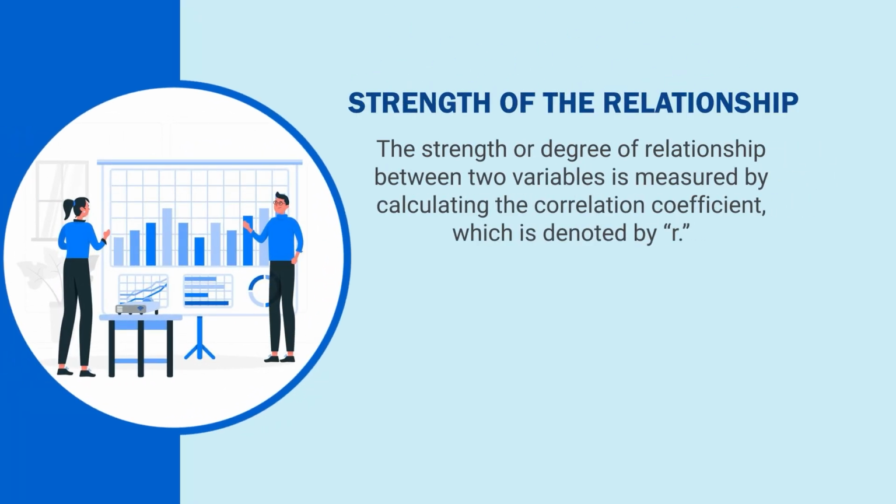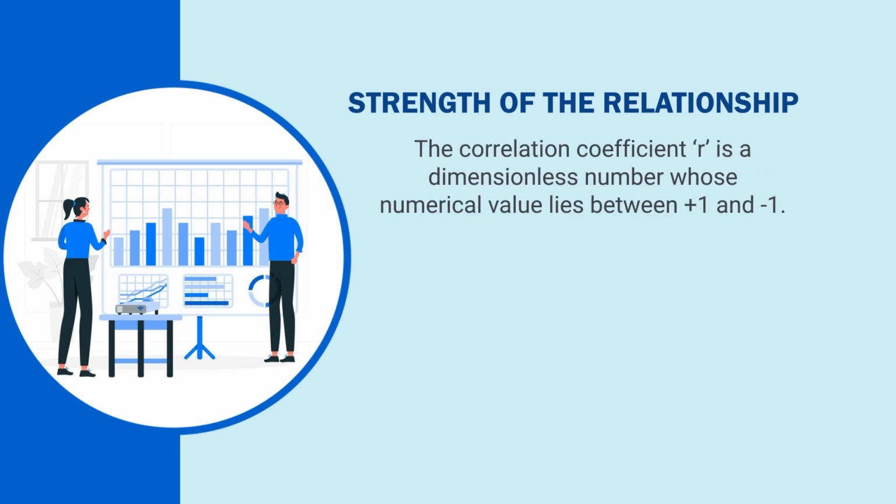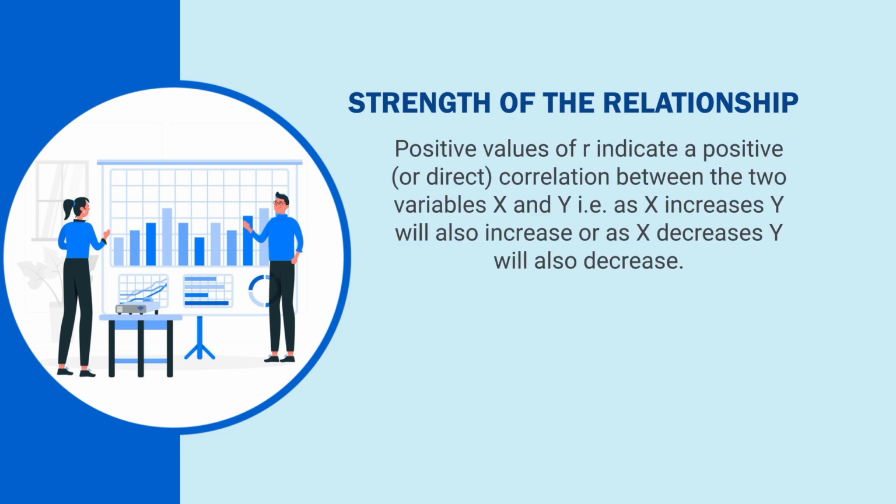The strength or degree of relationship between two variables is measured by calculating the correlation coefficient, which is denoted by R. Now, it is important to note that the correlation coefficient R is a dimensionless number whose numerical value lies between +1 and -1. Positive values of R indicate a positive or direct correlation between the two variables x and y.